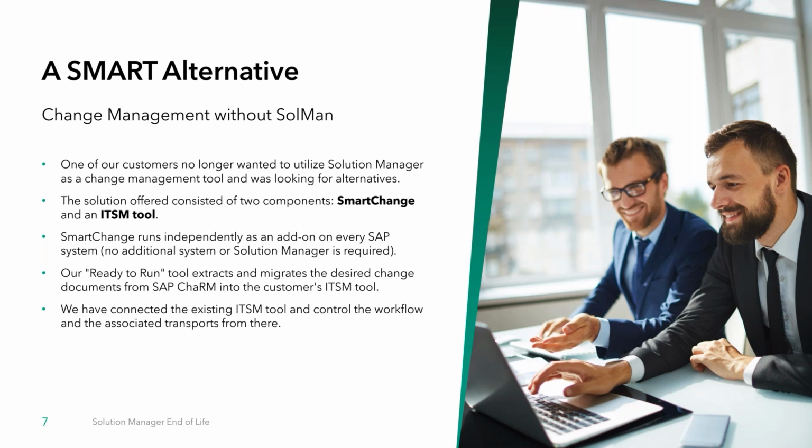So let's say 6 months from now, an auditor comes in and says, hey, here's some changes. We want to see what happened with them, but those changes were halfway done in Charm, and then we migrated them to Smart Change. No worries at all. You're able to go in with a couple clicks, run some reports, get all the information about those changes. So within minutes, the auditor will have exactly what they need, and you won't get dinged for an audit.